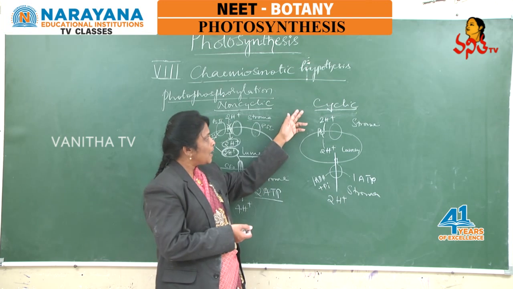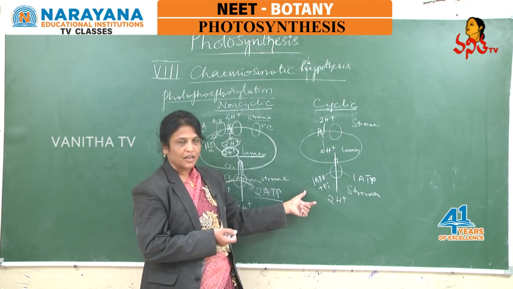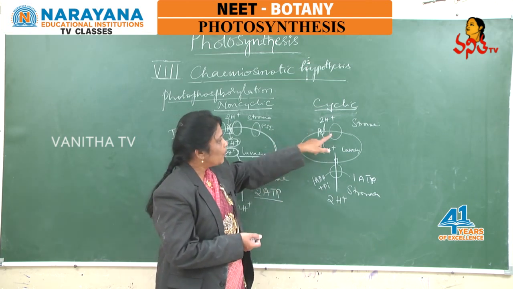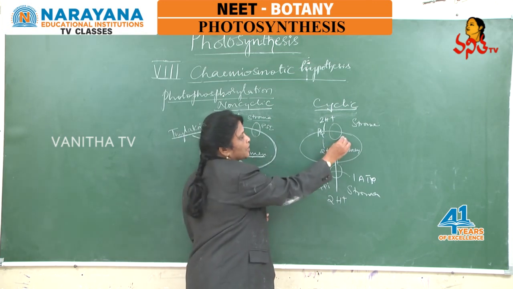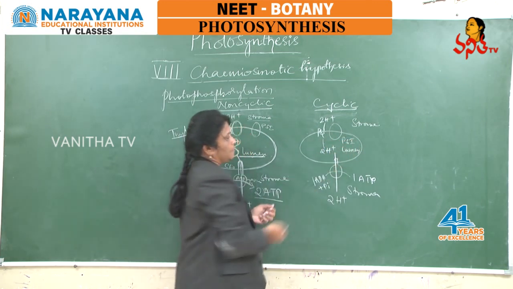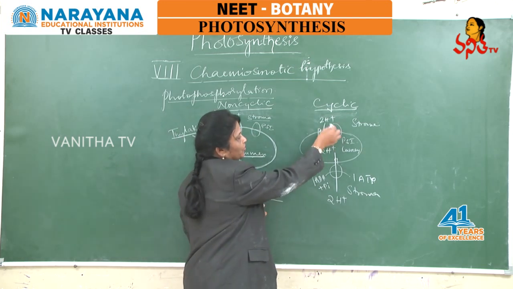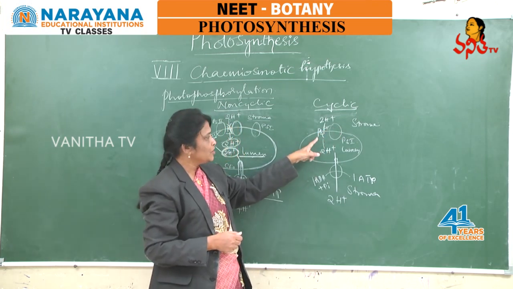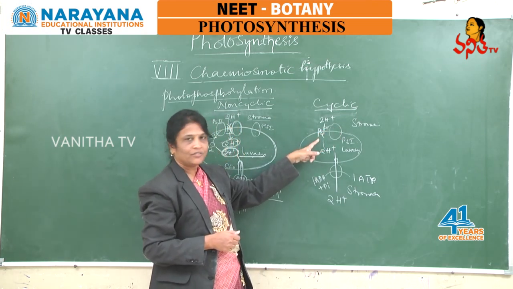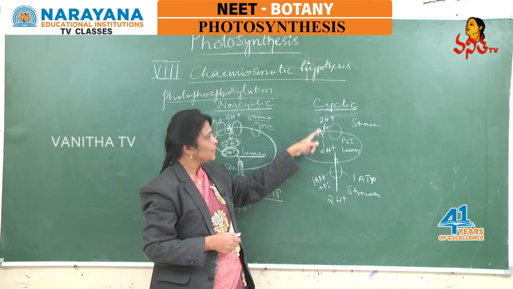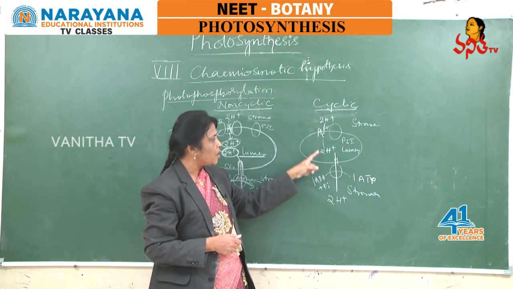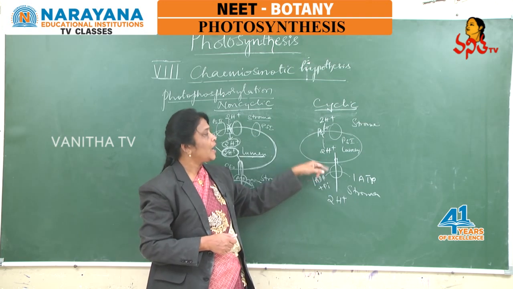Whereas in cyclic photophosphorylation, as we see, only PS1 is involved, and it causes electron transport in a cyclic manner. During that cyclic electron transport, due to the involvement of plastoquinone and the cytochrome complex, again a pair of protons from the stroma is added to the lumen.